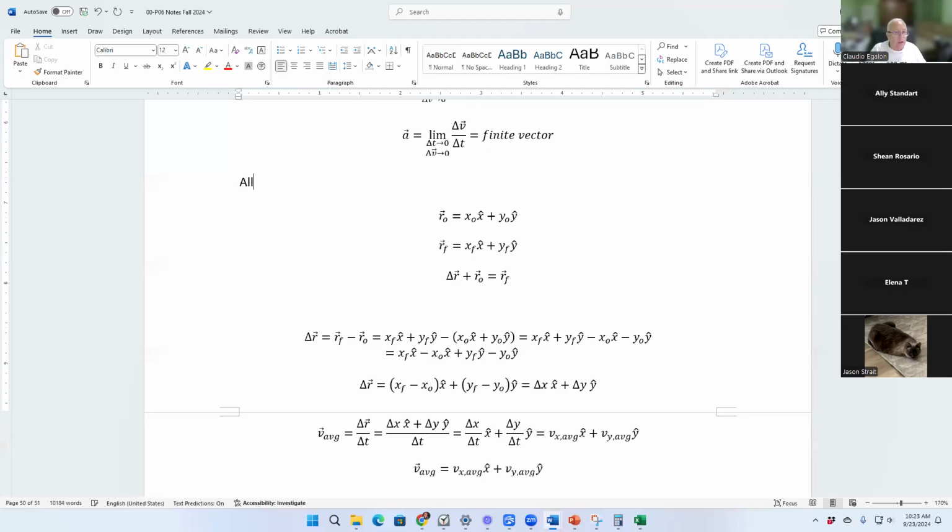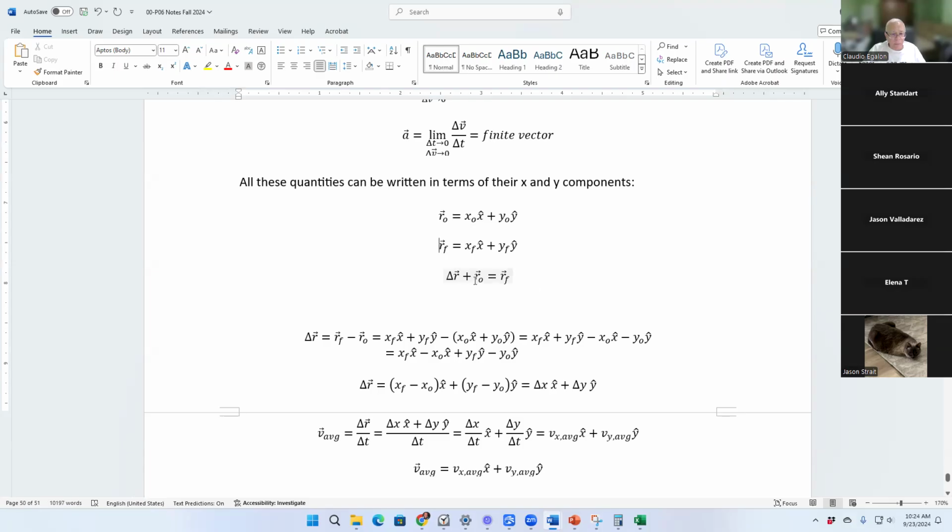All these quantities can be written in terms of their x and y components. Here you go: initial position along the x-axis, initial position along the y-axis, final position.